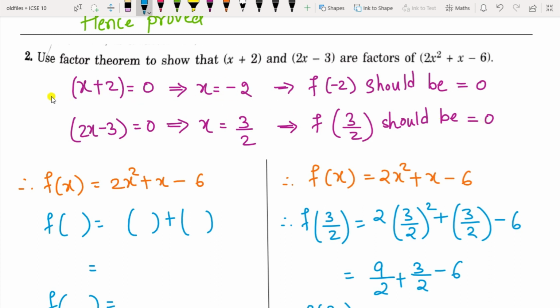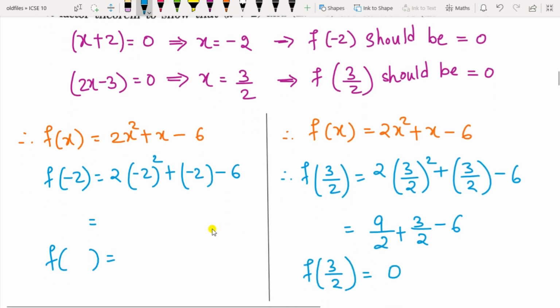Now consider the first case, x equal to minus 2. In the given equation, substitute x equal to minus 2: 2 times (minus 2) square plus (minus 2) minus 6. So this becomes 2 square is 4, 4 times 2 is 8, minus 2 minus 6. That is 8 minus 8 is equal to 0.